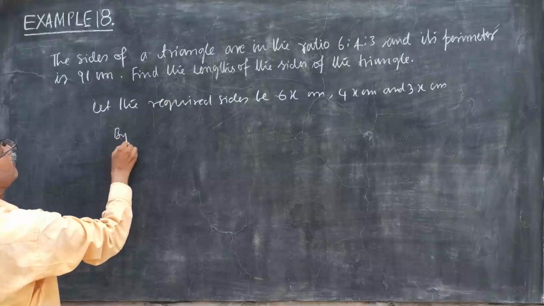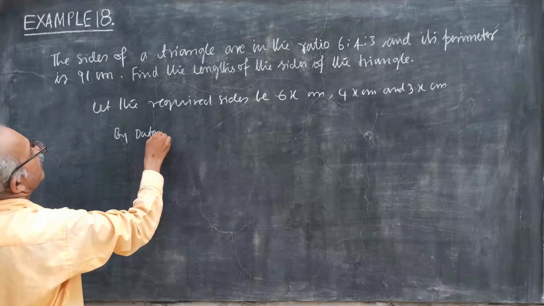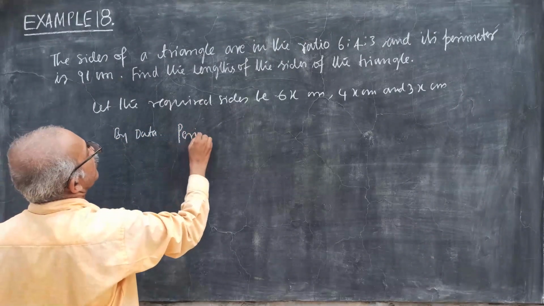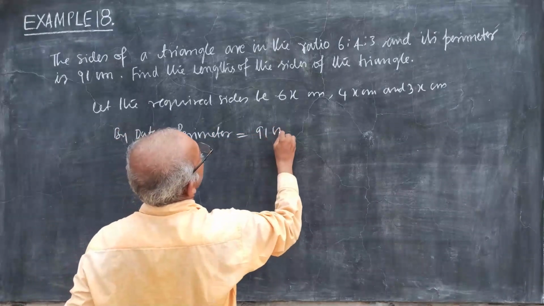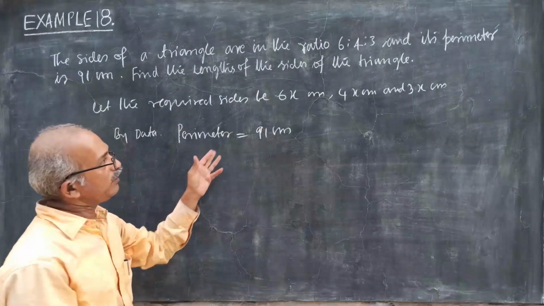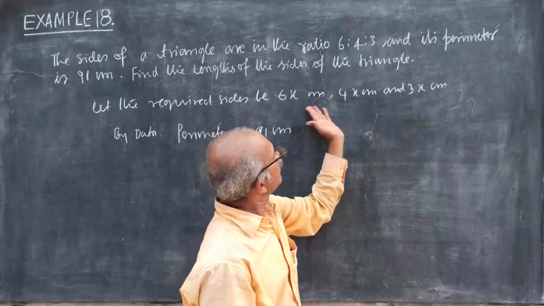By data, perimeter is equal to 91 centimeter. Perimeter means we should add the 3 sides.